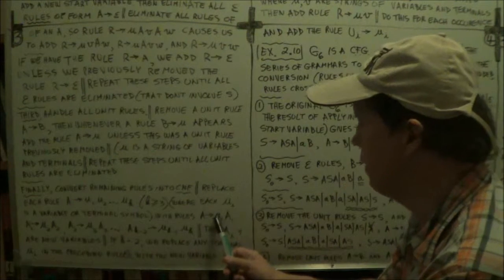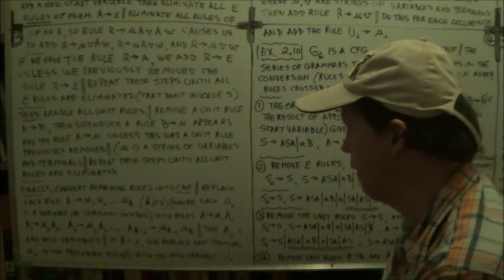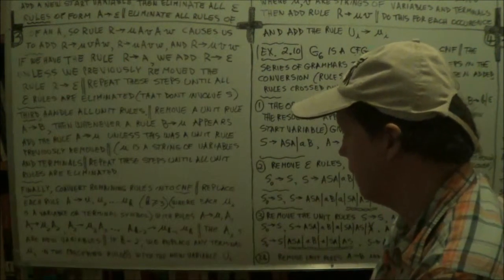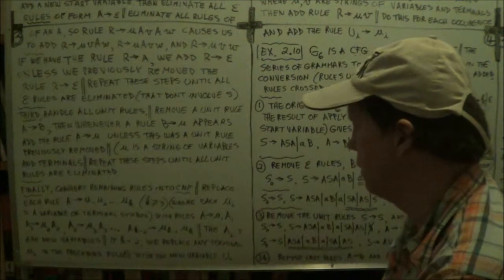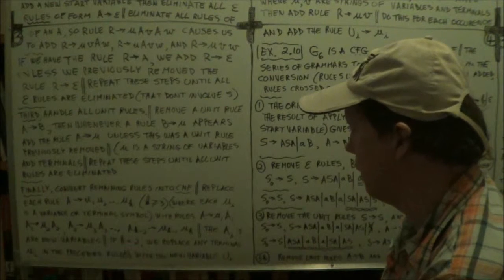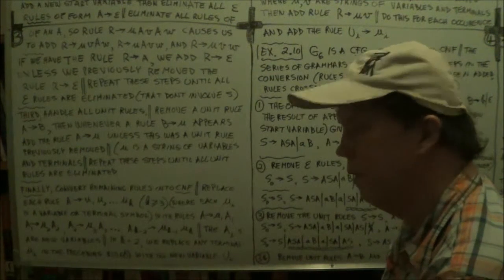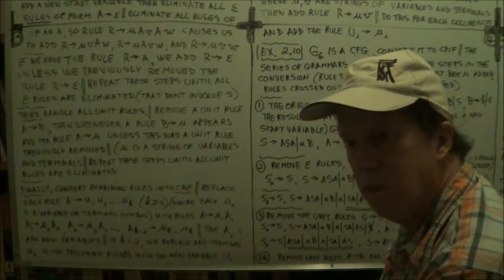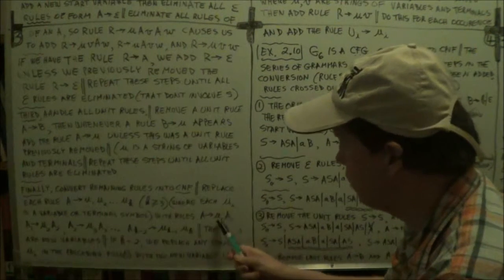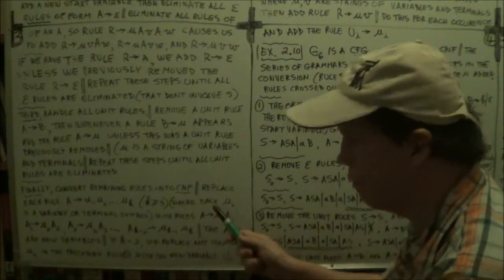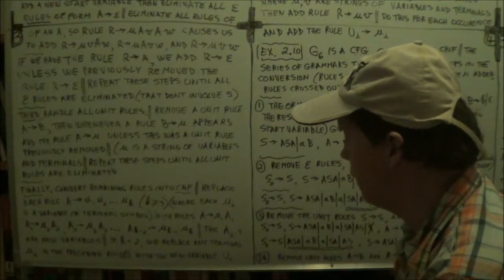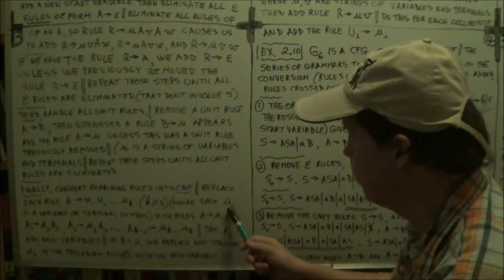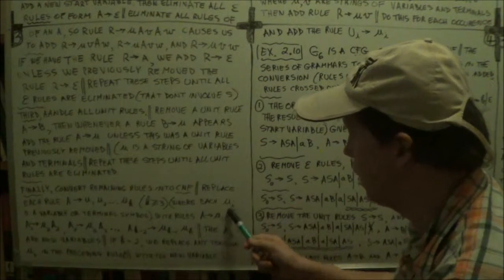Now that U1, if you think about it, can either be a terminal or a variable. If it's a variable, then it's in standard form. Okay. If it's a terminal, then we can rewrite the A1 later.